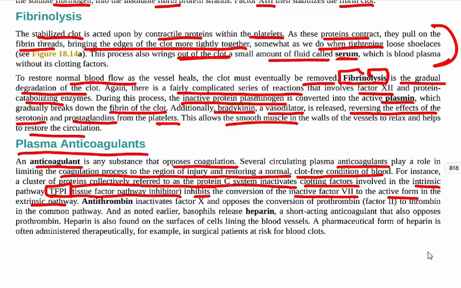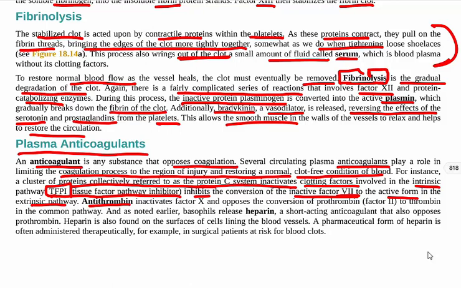And then we have the tissue factor pathway inhibitor, or TFPI, which is going to inhibit the conversion of the inactive proconvertin, that's the 7 here, to the active form in the extrinsic pathway. So it's going to stop that process, which then will stop the extrinsic pathway from continuing to get to the common pathway and then form that clot. Okay.